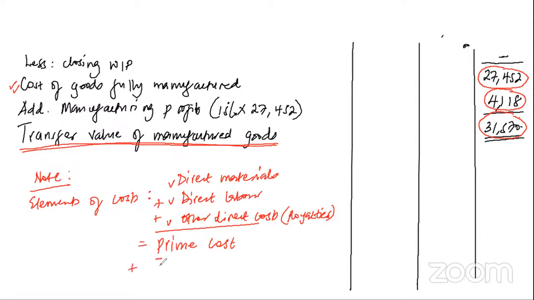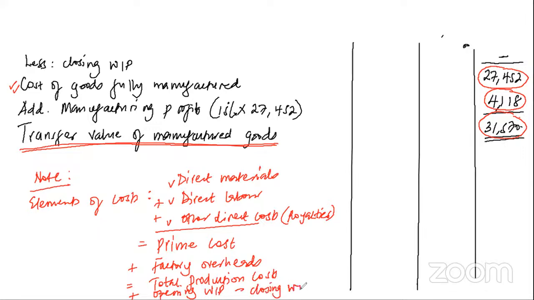Then on the prime cost, we have to add our factory overheads to come up with the total production costs, on which we add the opening work in progress, and then we minus the closing work in progress to come up with the total cost of the goods fully manufactured, on which you add the factory profit or the manufacturing profit to get the market value of the finished goods.